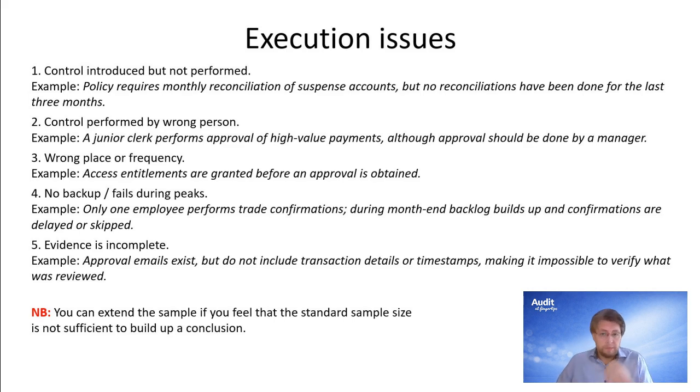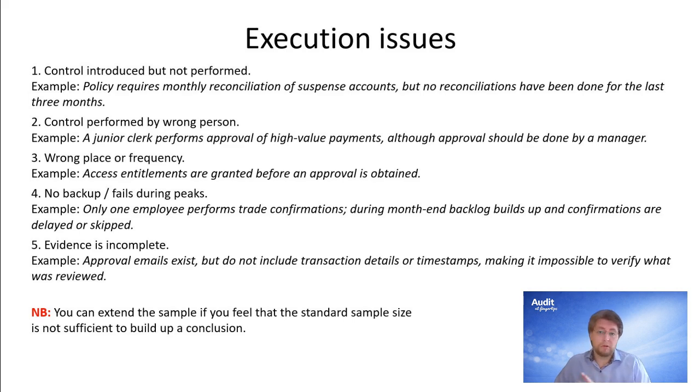Or control is performed, but the person assigned for the control execution doesn't meet the design requirements. For instance, the right team, however, the level of the person is not sufficient. A junior person might be assigned to a control that is to be executed by the middle management.